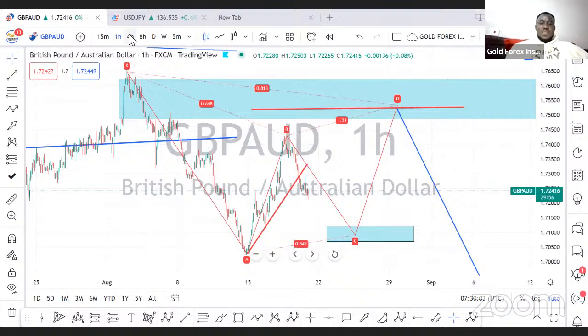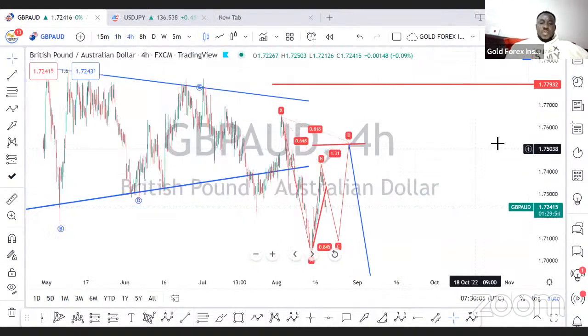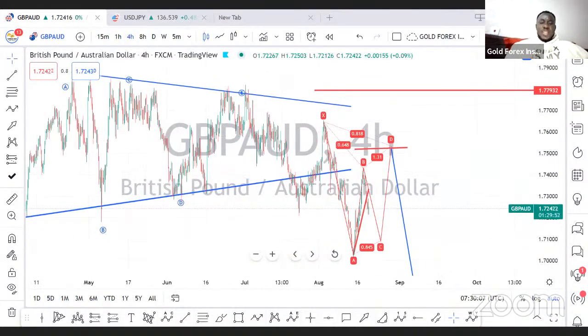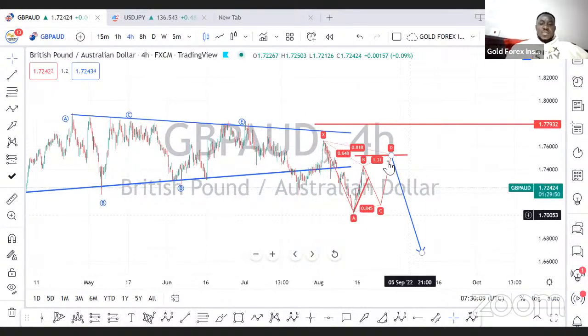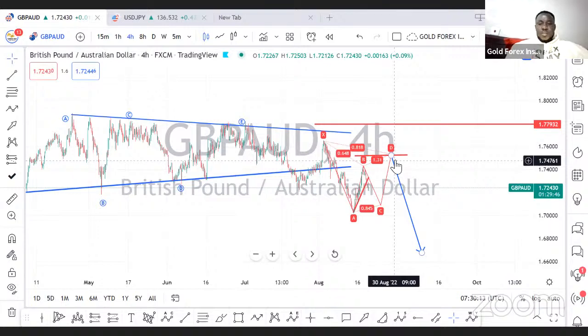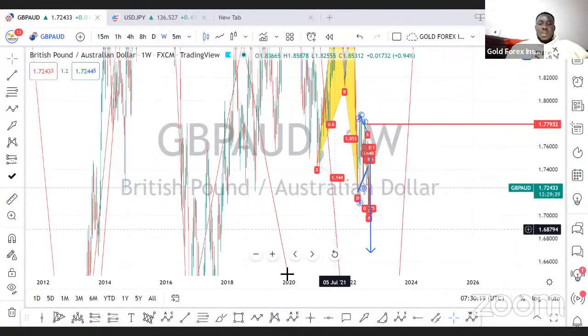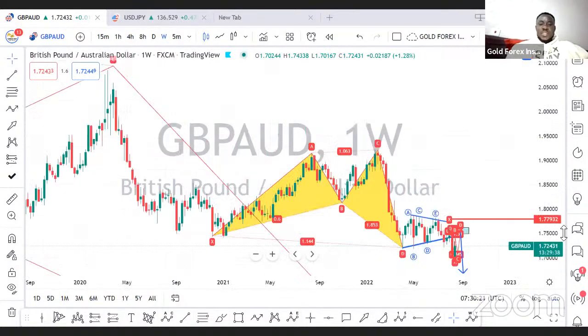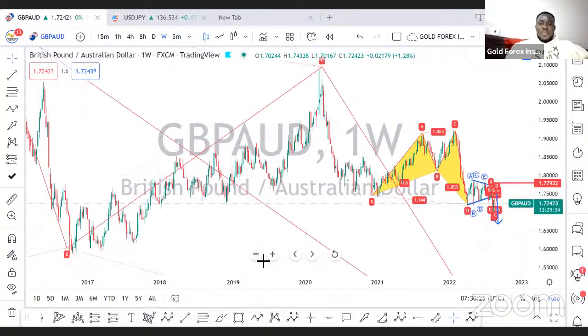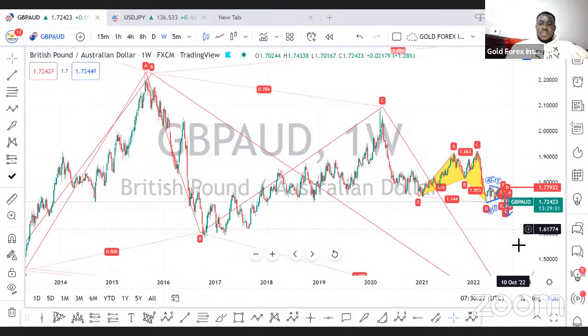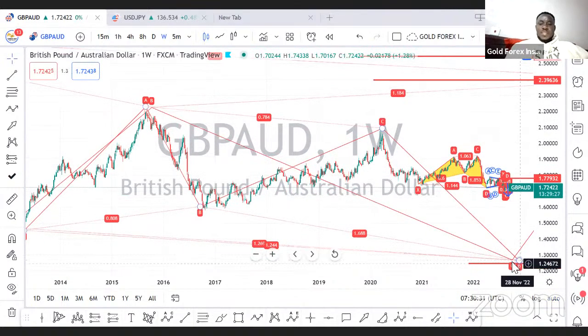Once the Gatling pattern completes, we are going to have a very big sell move, which will align with our original trend, this bigger pattern. So we are going to have the sell move all the way down to the end of this pattern to complete.